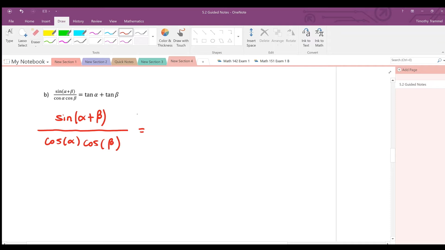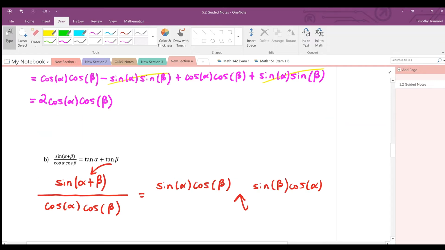So we now know that sine of alpha plus beta is equal to sine of alpha cosine beta. And then let's go make sure that we remember the sign here correctly. But you might already remember it went sine of alpha cosine beta. Next will be sine of beta cosine of alpha. Okay. But if you don't remember the sign that goes in the middle here, let's go up and look.